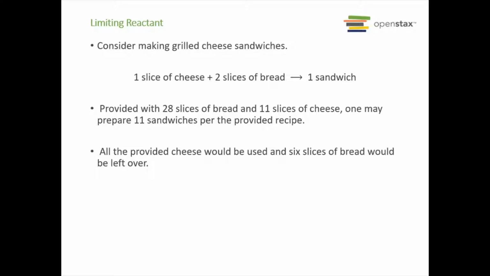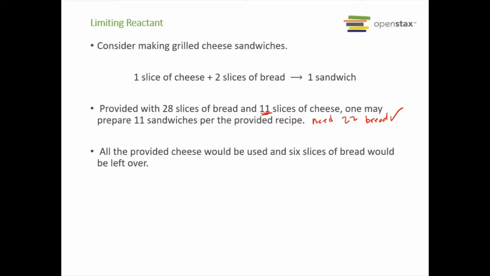We could make 11 sandwiches, right? Because we need 1 slice of cheese for every 2 slices of bread. So if we have 11 slices of cheese, that would mean we would need twice as many breads, which would mean 22 slices of bread. We have that. So we could make 11 sandwiches.